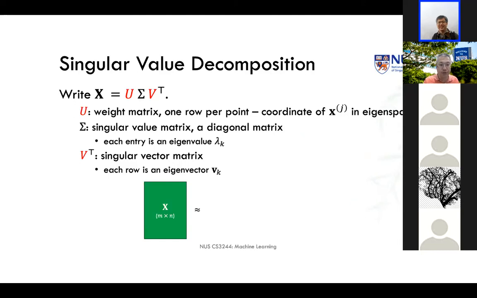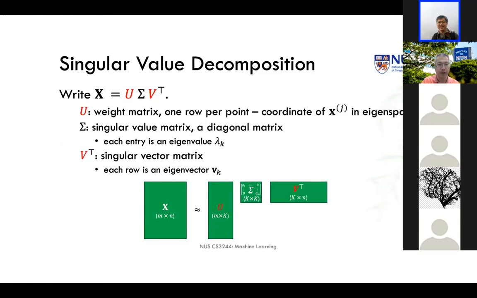So we're going to start with this, right? We have the weight matrix. Again, one row per point, okay? It corresponds to where this particular example is in the new space that we're representing, okay? Our singular matrix, right? It's called singular because, again, we only have one entry on the diagonal for each point, okay? And then our singular vector matrix, right? This is basically the expression of all of those v vectors that we saw earlier, right?